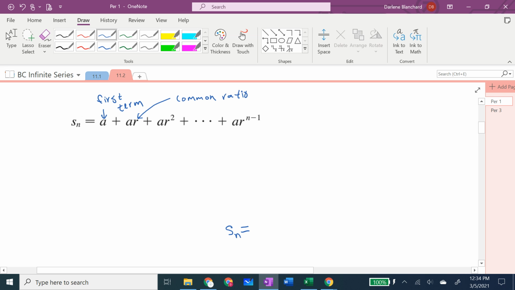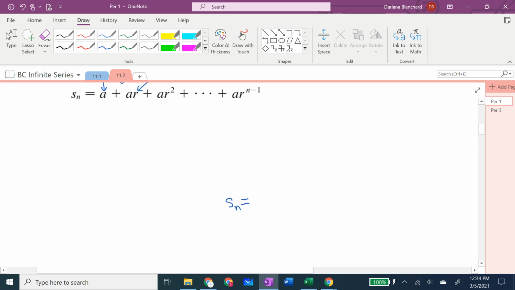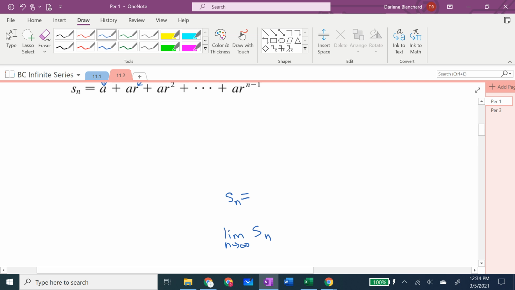So r is the number that you multiply to get to your next term. We are going to come up with a formula for the nth partial sum. And we may not have time today, but eventually we're going to ask, okay, once we get a formula, is there an answer to the limit as n approaches infinity of that formula? And if there's a real number answer, then we've got to converge. If it's heading to infinity, we've got to diverge.